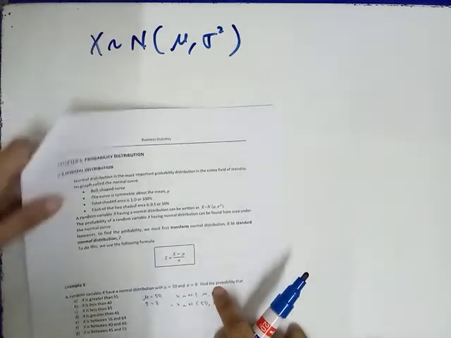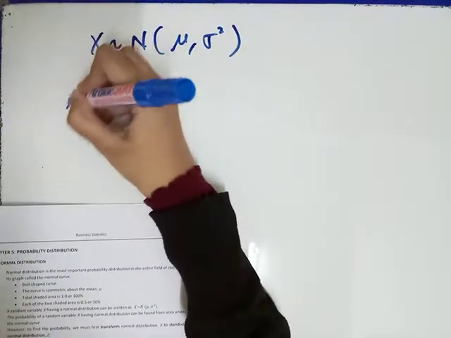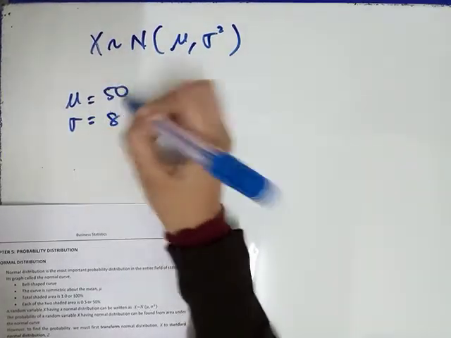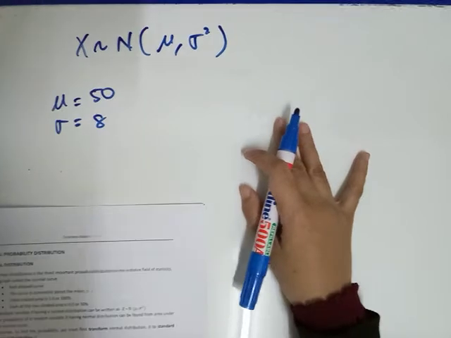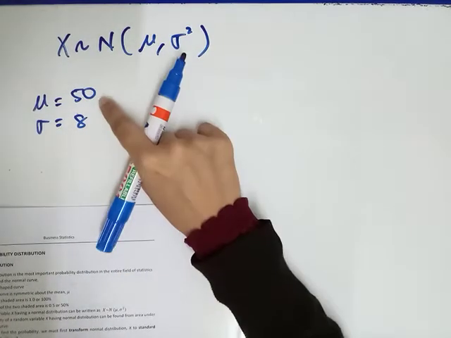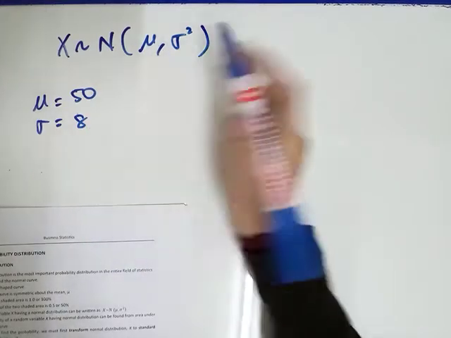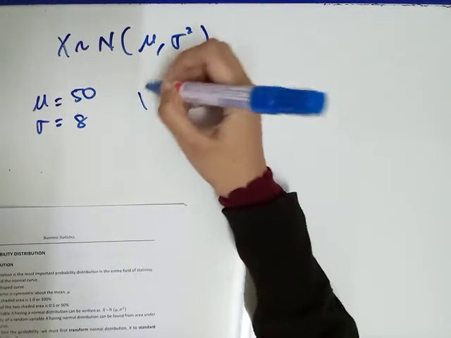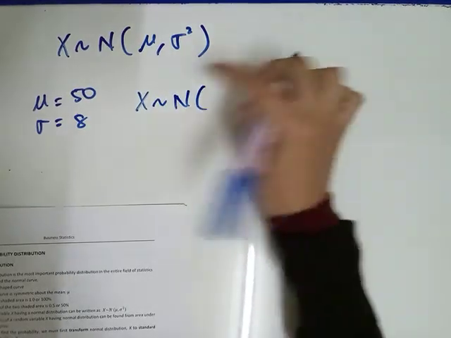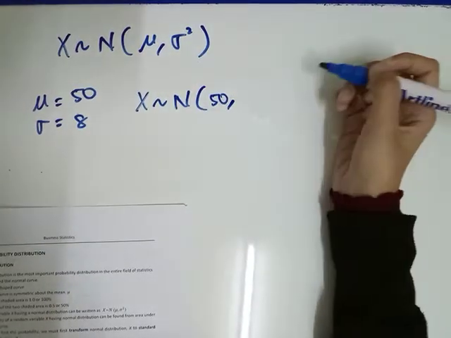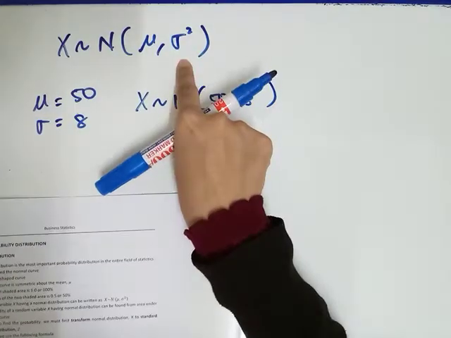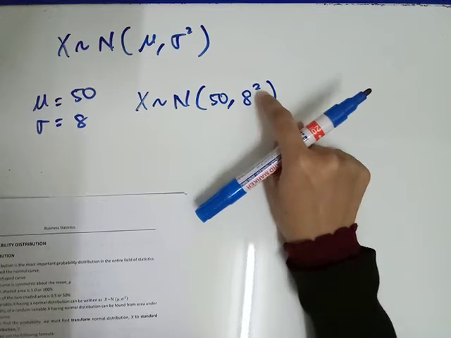Find the probability that... So we know the mean is 50 and the standard deviation is 8. So x has normal with mean 50 and 8 squared, because this is the variance, and this is the standard deviation.